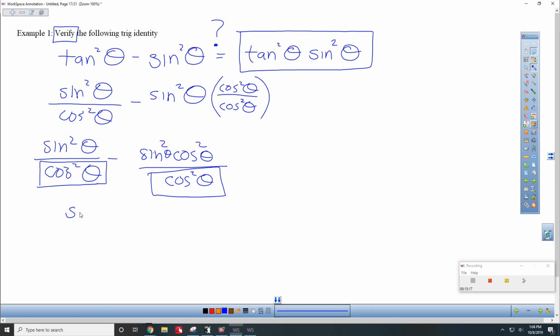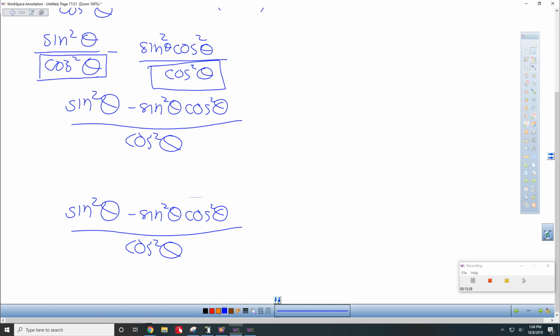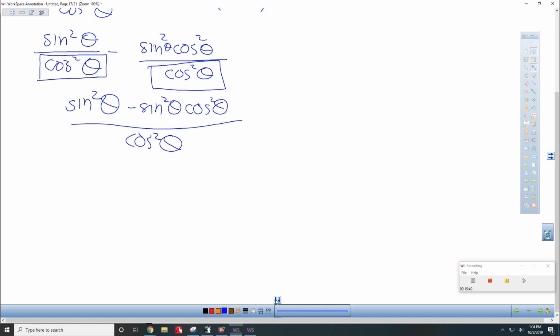So we'll do sine squared theta minus sine squared theta cosine squared theta all over cosine squared theta. Okay? All right, now let's factor out a sine squared from the top.